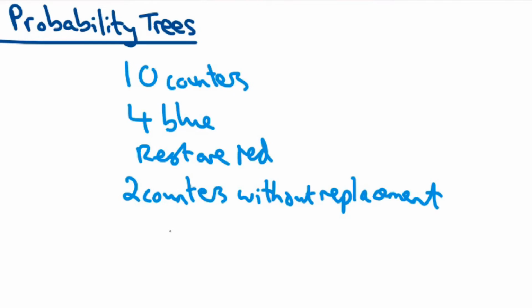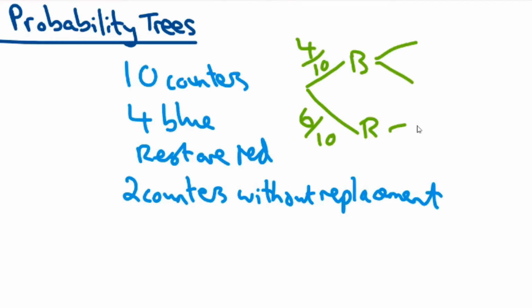Okay, so if we've got 10 counters, 4 of which are blue, that's basically saying that 4 out of 10 are these blues. There's a probability of 4 out of 10. And in terms of the rest being red, that's going to be 6 out of 10. Now, once we have taken our initial counter, if we took a blue first, and without replacement, that means there's only going to be 3 blues left.